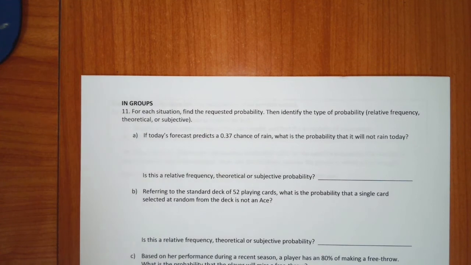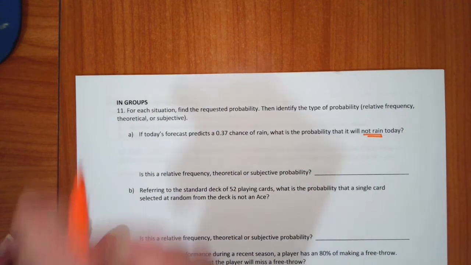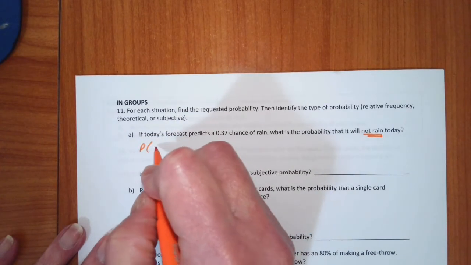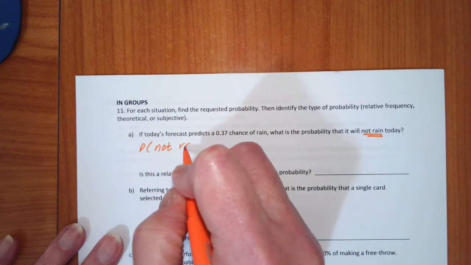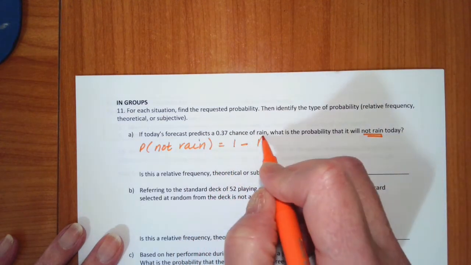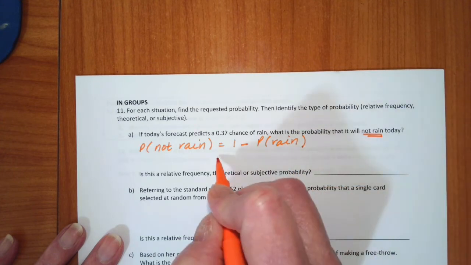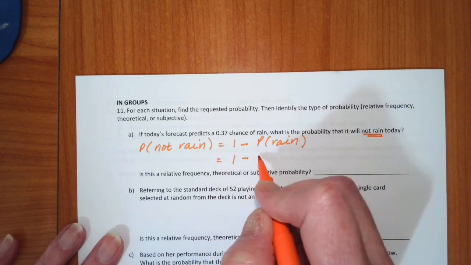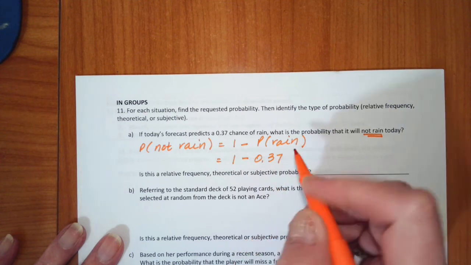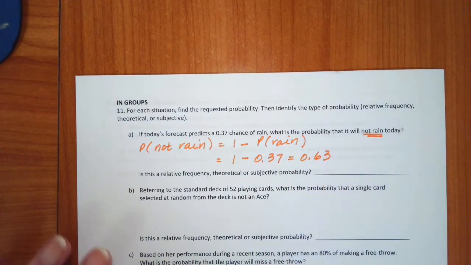Okay, well, if we're looking for when it will not rain, we can say that the probability of not rain is equal to 1 minus the probability of rain, which we know. So this is 1 minus 0.37, which is 0.63.